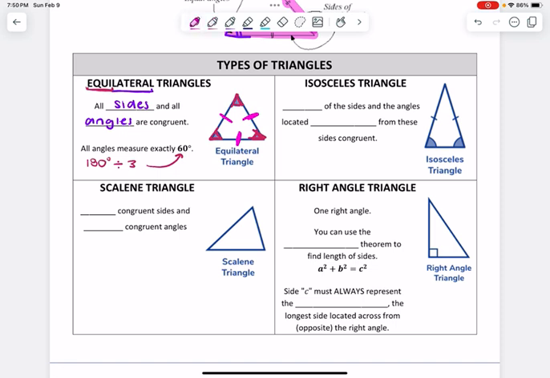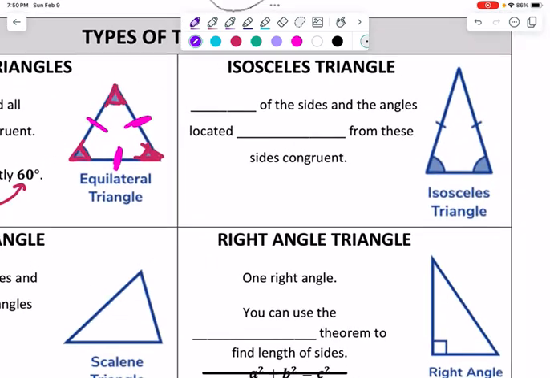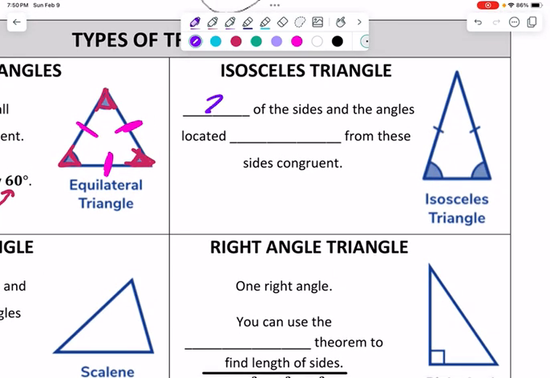Okay, the next type of triangle is an isosceles triangle. An isosceles triangle has two of the sides being congruent. And like I said, sides that are congruent will always come with angles that are congruent. So if I have two of the sides congruent, I'm going to have two of the angles that are also congruent. And these angles are located across from these sides.